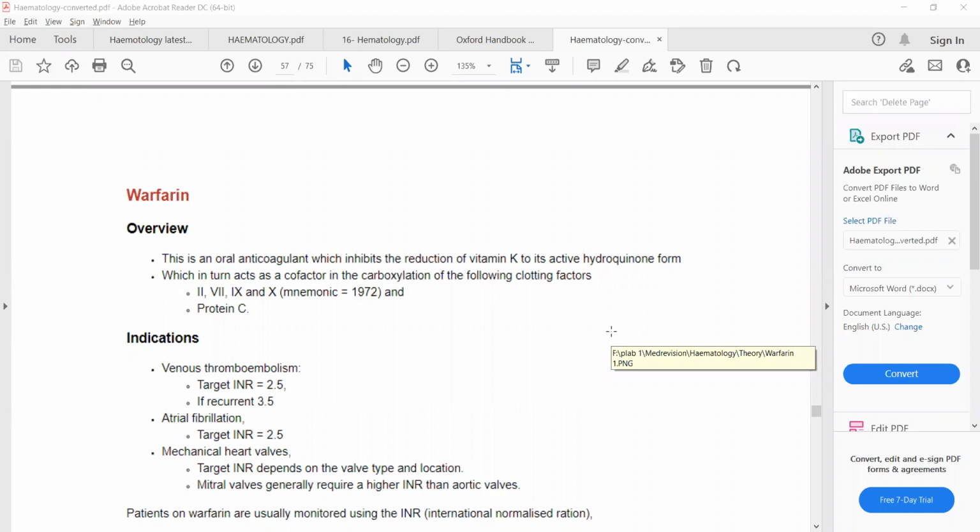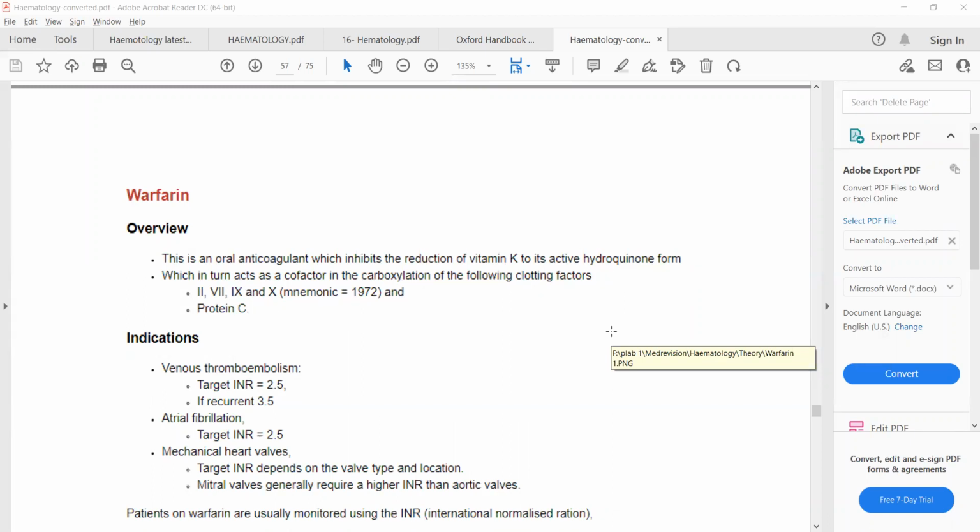So the first drug that we are going to discuss that can lead to bleeding is warfarin. We have discussed that warfarin inhibits the reduction of vitamin K to its active hydroquinone form, and vitamin K is required for carboxylation of factors 7, 9, and 10.